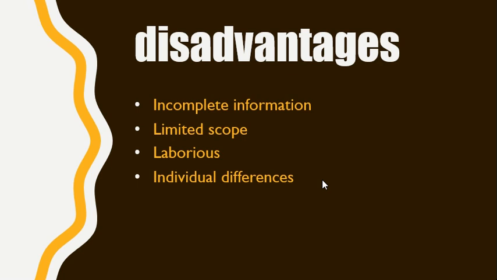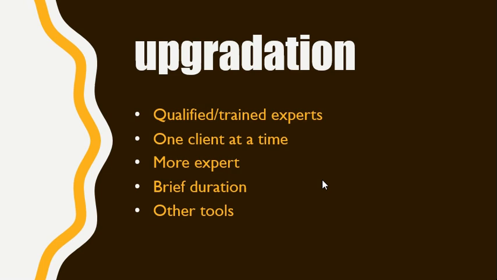So, external observation can be improved also. How can we improve the external observation method? By the use of trained and qualified experts. If the observer is not trained, if he doesn't know how to record the observations, his results will be affected.